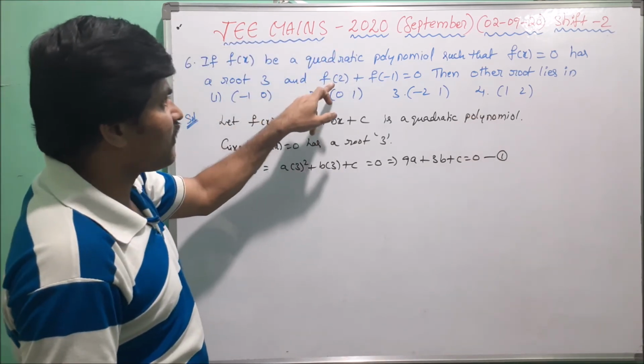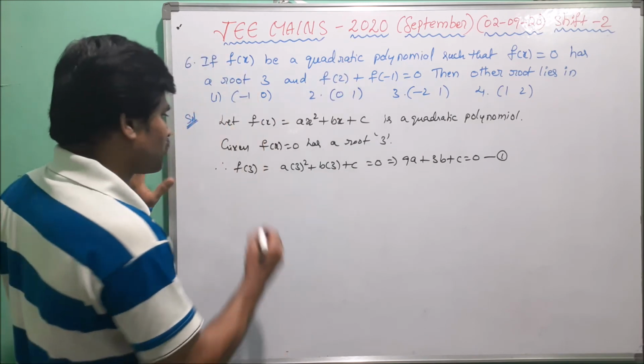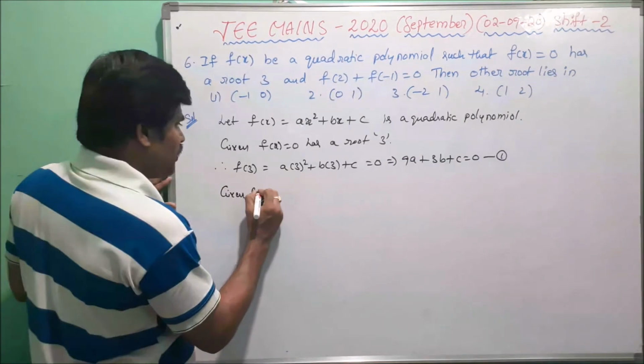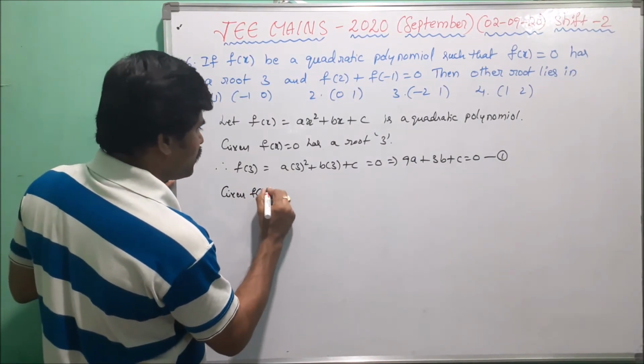Also the second condition is already given, that is f of 2 plus f of minus 1 equals 0.